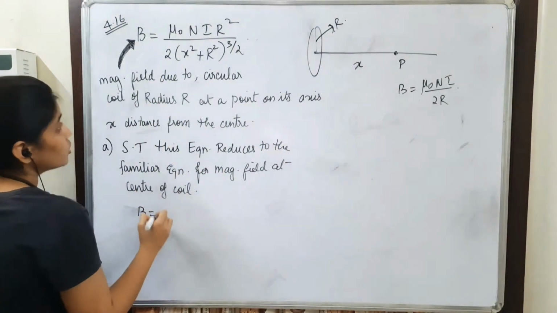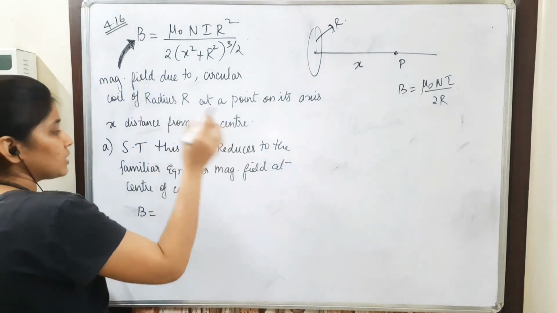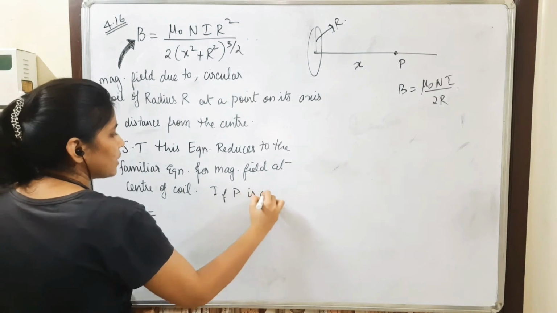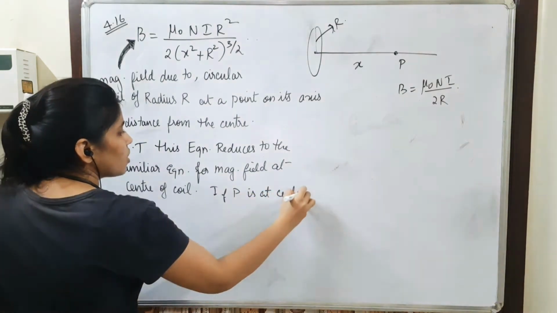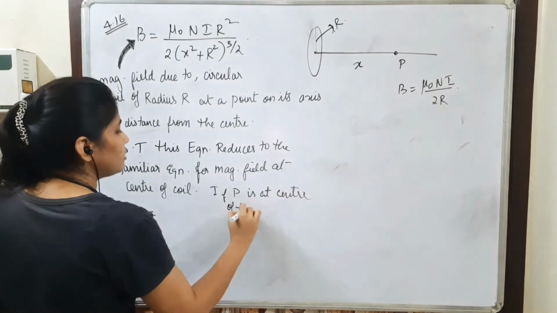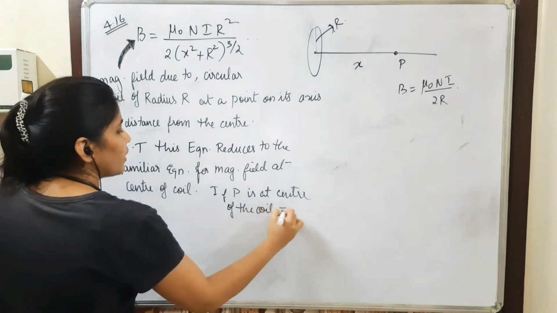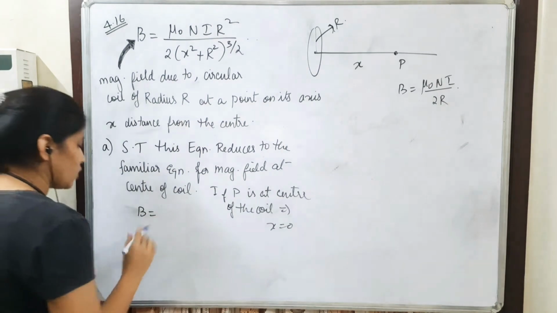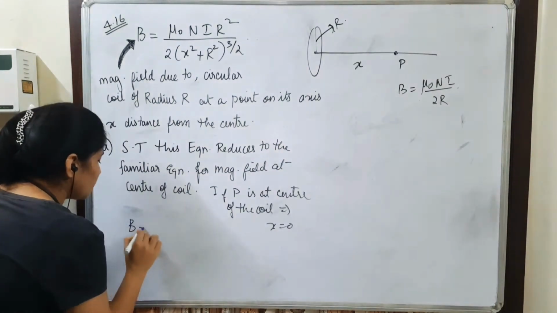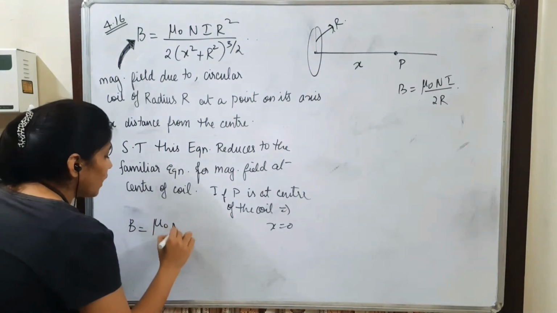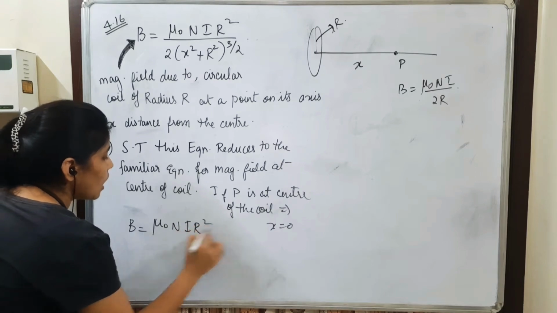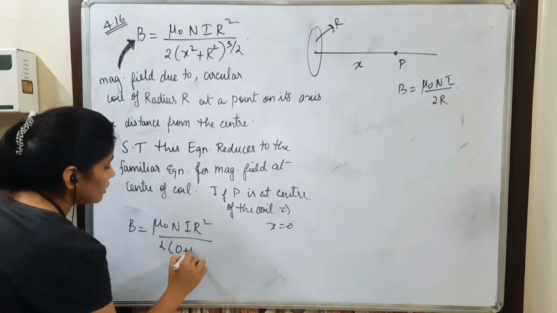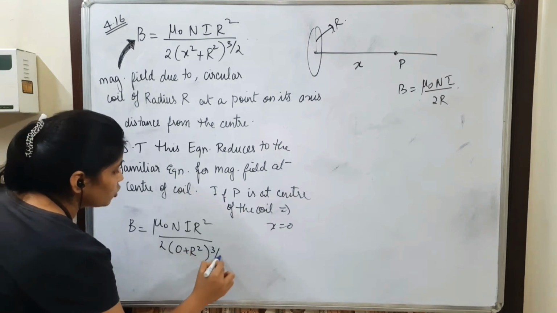So if the point P is at the center of the coil, that means x is equal to 0. If I substitute x equal to 0 in this equation, what will I get? B is equal to mu naught N I R square divided by 2 into 0 plus R square the whole power 3 by 2.